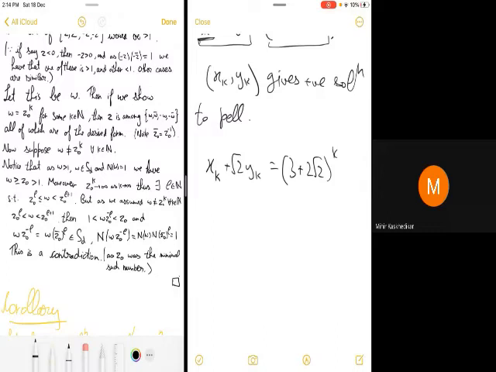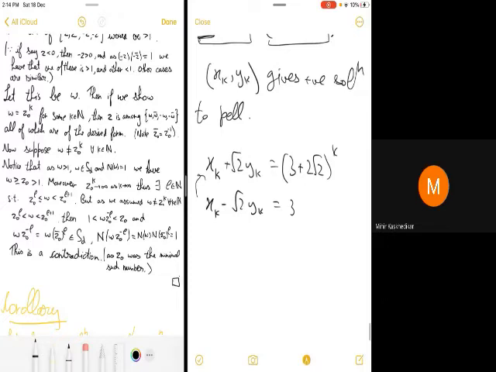By that, we have that xk minus root 2 yk is the conjugate of this thing above, and this is the conjugate of this power k, because conjugate is multiplicative. So the conjugate of 3 plus 2 root 2 is 3 minus 2 root 2, so the conjugate of (3 plus 2 root 2) power k is (3 minus 2 root 2) power k.